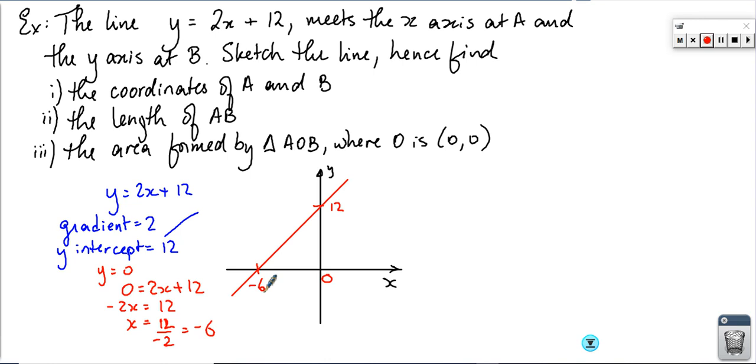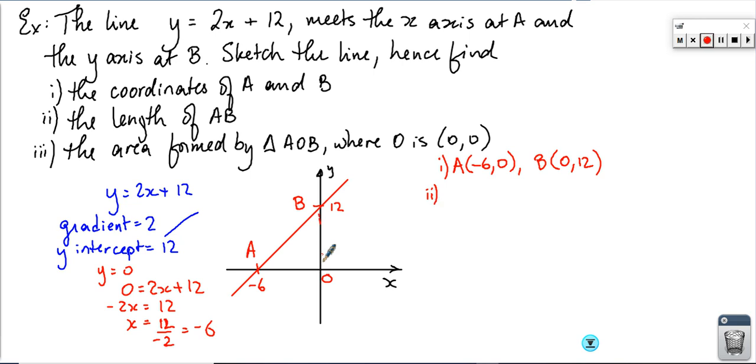Now I am told that it meets the x-axis at A, so this is A, and the y-axis at B, so this is B. So, number 1. What are the coordinates of A and B? So A is the coordinate minus 6, 0, and B is the coordinate 0, 12. That's number 1. Number 2, I need to find the length of AB.